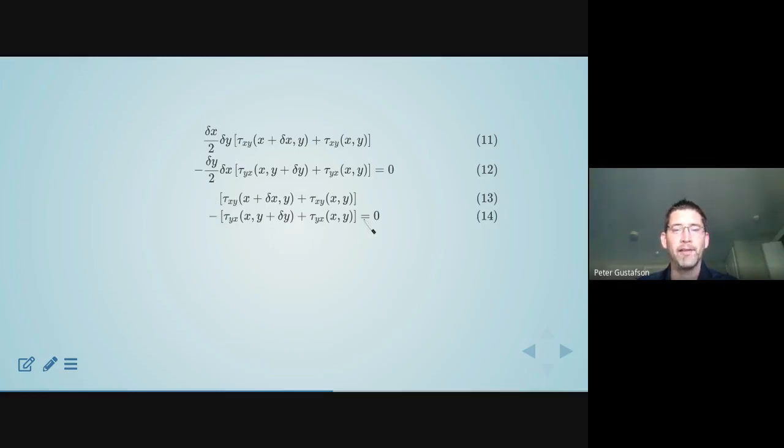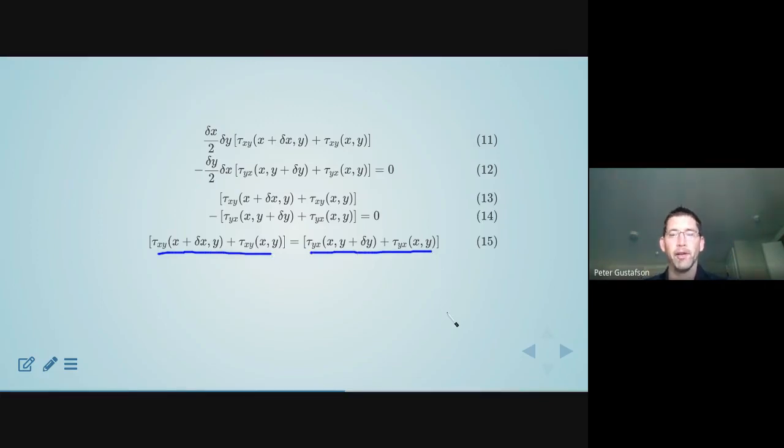Tau xy at x plus dx plus tau xy at x minus tau yx at y plus dy plus tau yx at y. And lo and behold, since this needs to be equal to 0, we can take the minus and move it over to the right-hand side. So the xy terms are on the left-hand side, the yx terms are on the right-hand side.